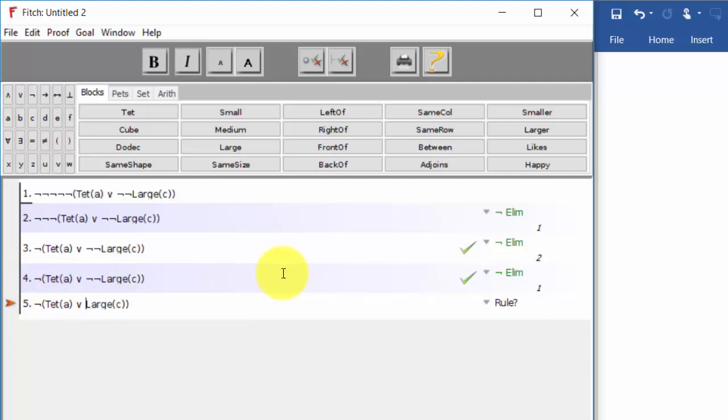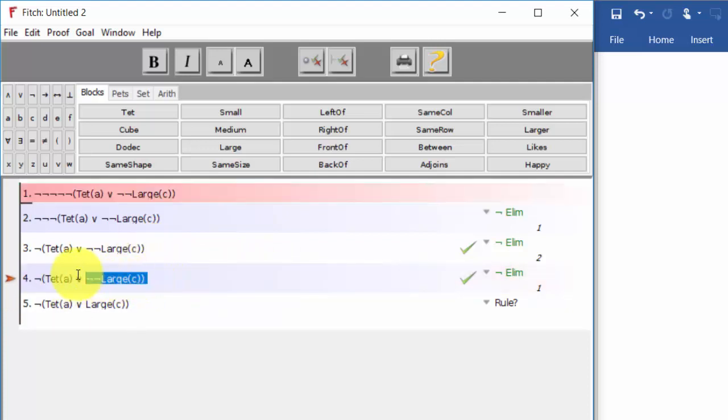Right, because it looks like we could use, since there's a C is large being doubly negated within this disjunction here, it looks like then maybe we can use negation elimination to get rid of those two negation symbols.